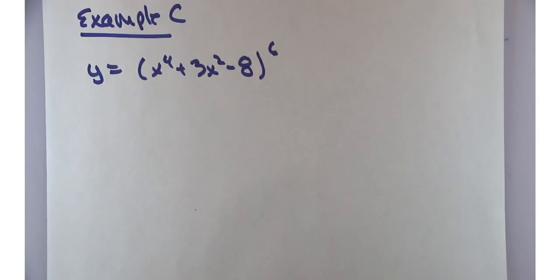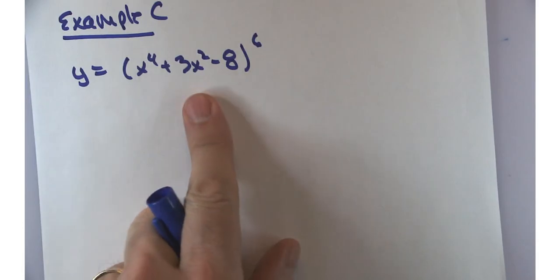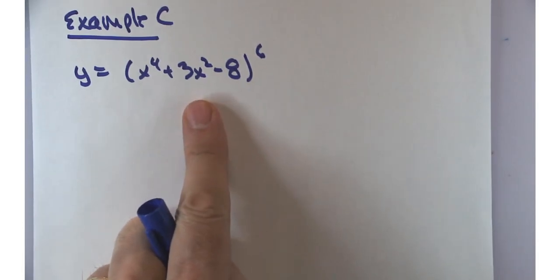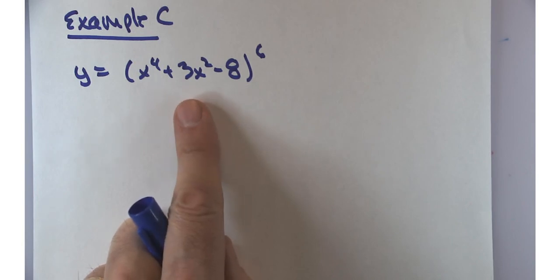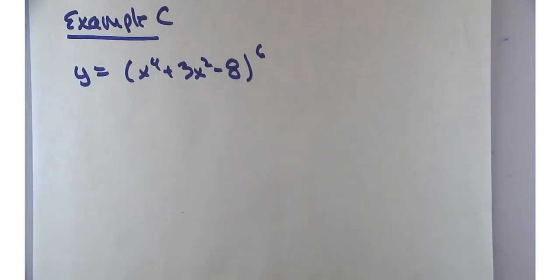If we didn't, you'd have to multiply this by itself 6 times and collect all the like terms. I can't even imagine how much work that would be. And there's no Pascal's triangle here, because Pascal's triangle only works for binomials. So it'd just be an enormous amount of work if you had to do it that way.